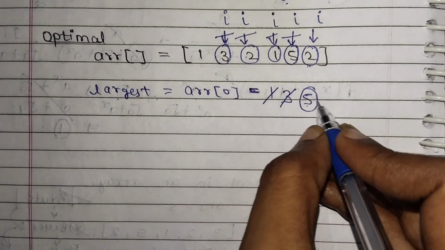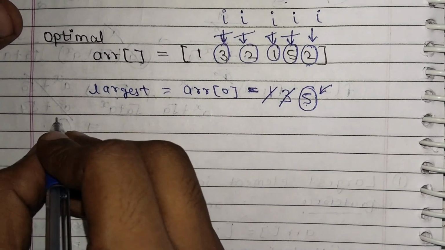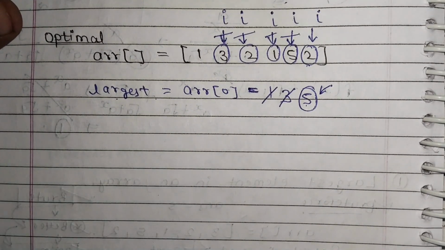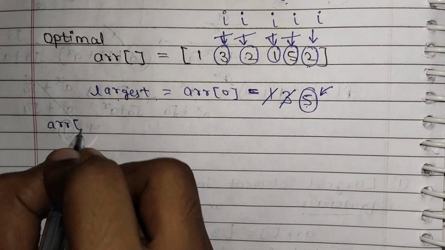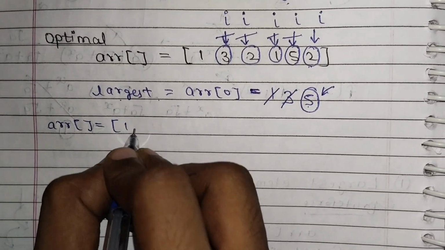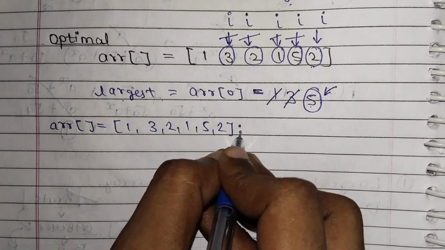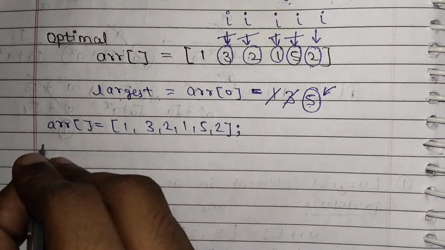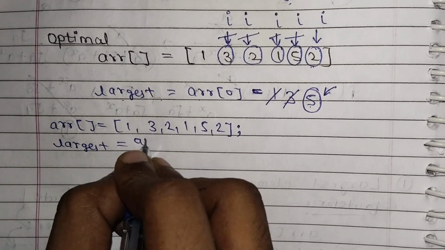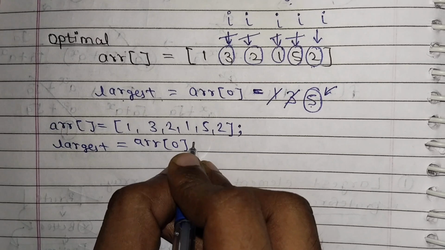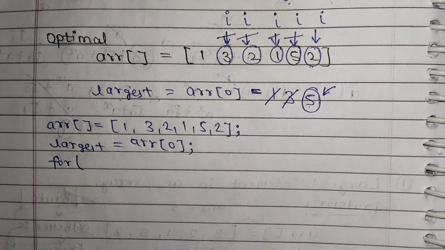So we have to print this largest element. The code for this optimal approach is quite simple. First of all, we declare this array 1 3 2 1 5 2, and then we declare a largest element, which is arr of 0, and we iterate with a for loop.